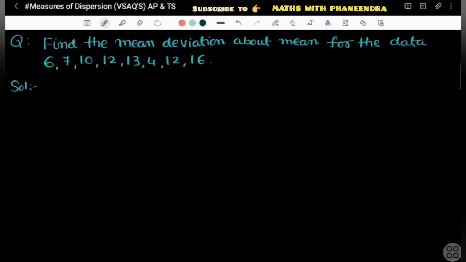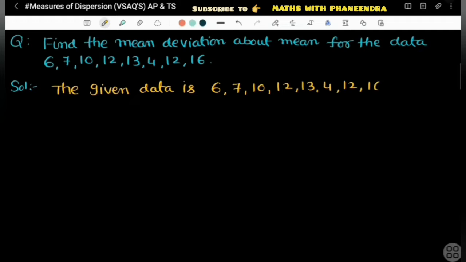First, you have to write the given data, the observations: 6, 7, 10, 12, 13, 4, 12, 16.